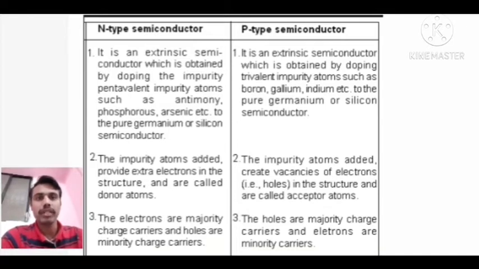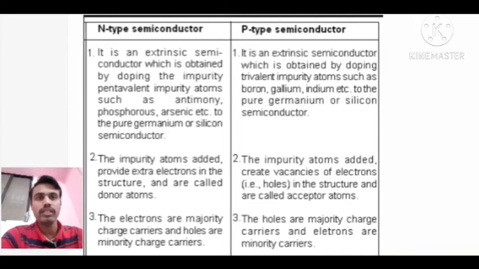Examples of pentavalent impurities are antimony, phosphorus and arsenic, which are group 5 elements in our periodic table. Group 5 elements have 5 electrons in their outermost shell.